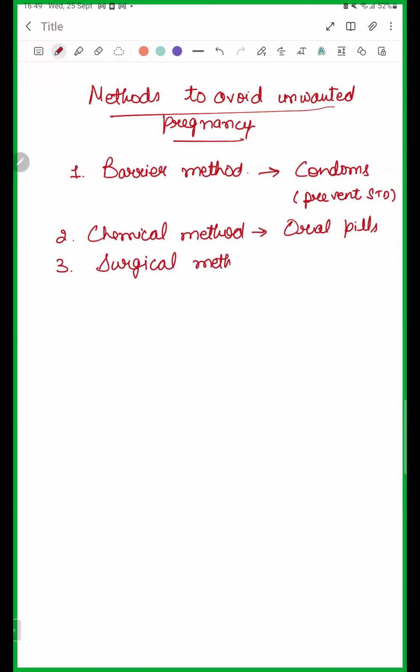Next is the surgical method. The surgical method is the permanent method. For example, in males, vasectomy is done. As the name suggests, vasectomy involves the vas deferens. Basically, it is the surgery by which the vas deferens is blocked. It is cut and tied.